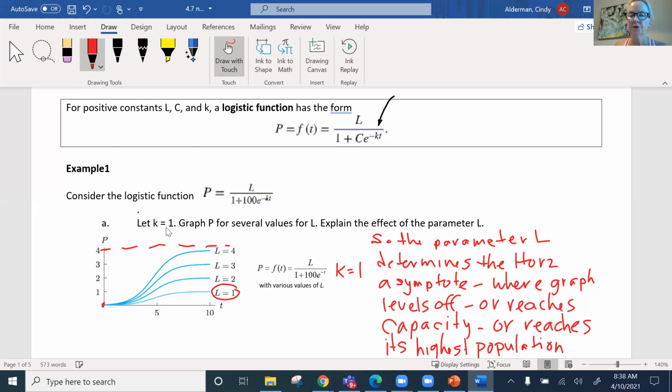So on your homework, a lot of times when they're asking you for a highest value, like the highest number of sales or the largest, where on the graph does it reach its highest population, it'll be at that horizontal asymptote. Okay.